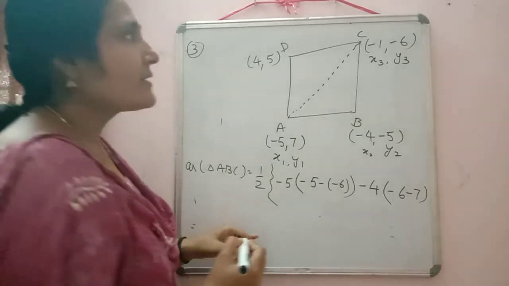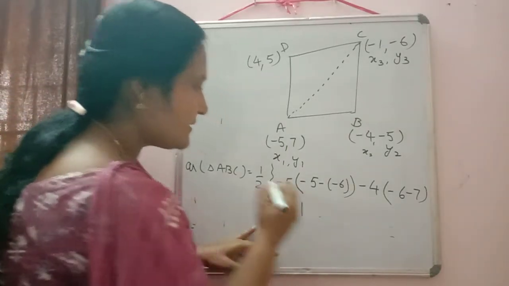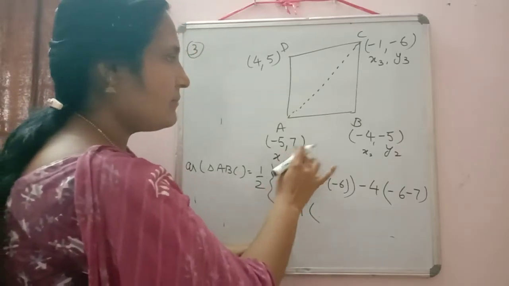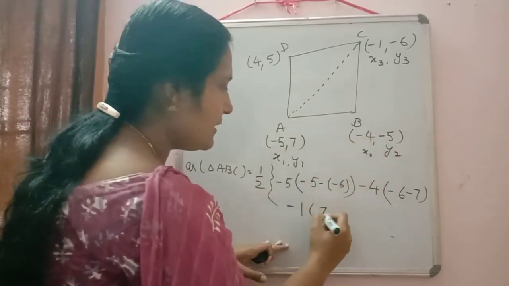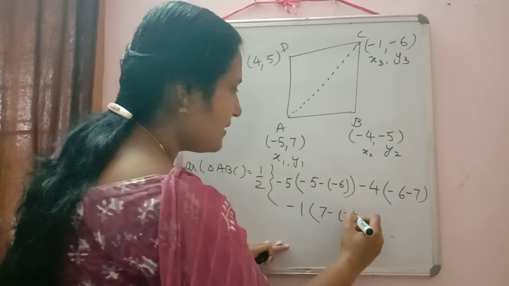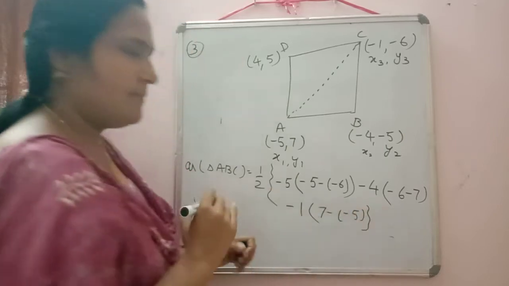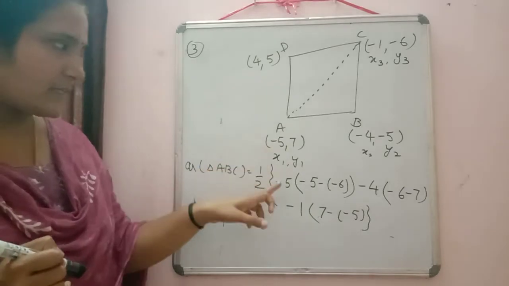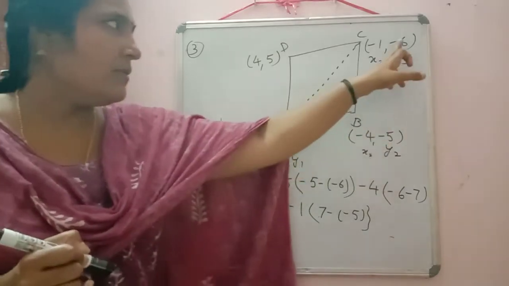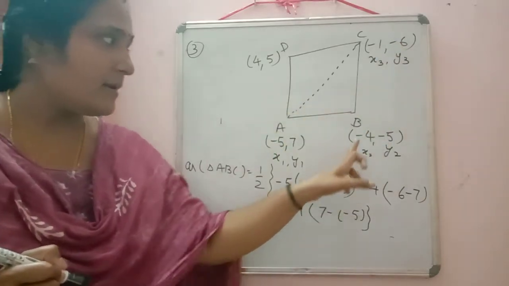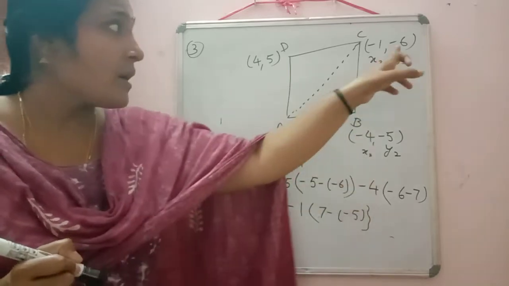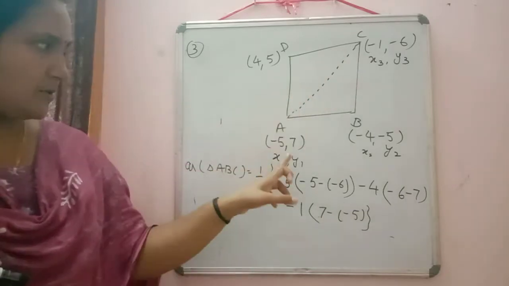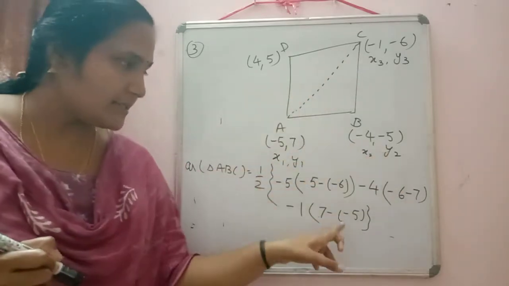Then plus x3. Again x3 is negative, so I am writing minus 1 into y1 minus y2, so it will be 7 minus 5. Formula not written, just substituted the values: x1 into y2 minus y3 plus x2 into y3 minus y1 plus x3 into y1 minus y2.